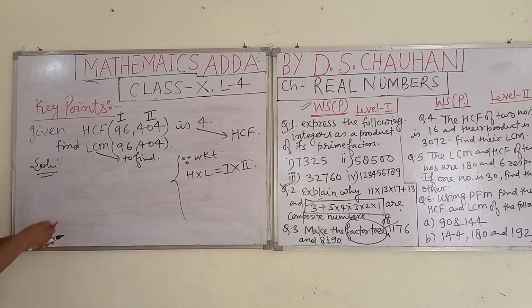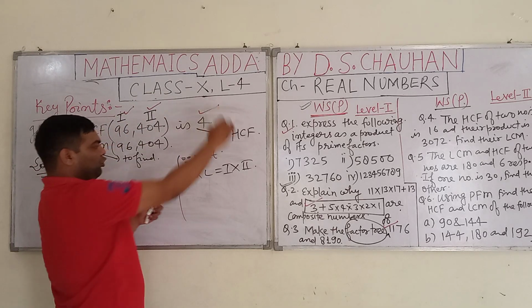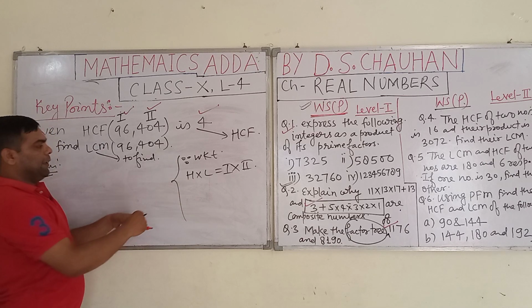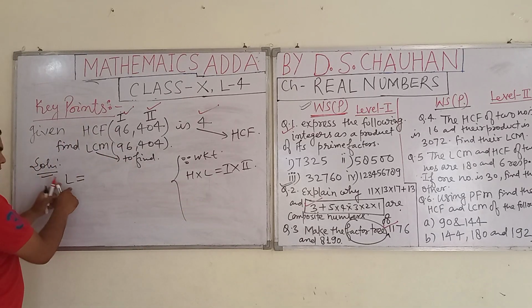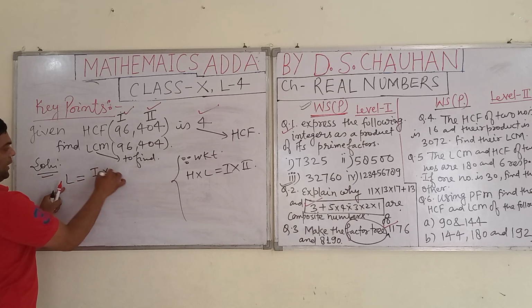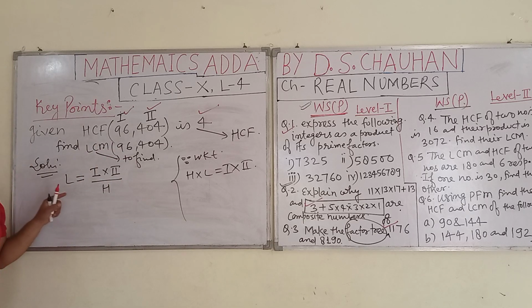Here, student, first number is known, second number is known, HCF is known. What to find out? LCM. For this, what formula will we write here? So LCM equal to first number into second number upon HCF.